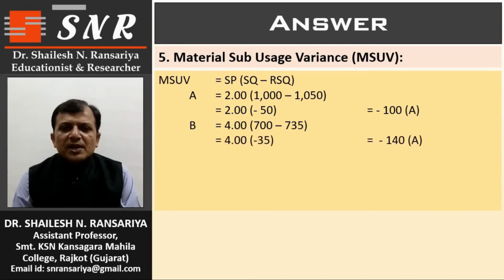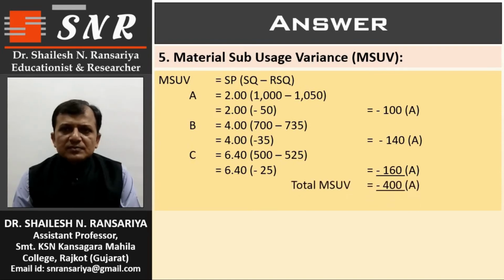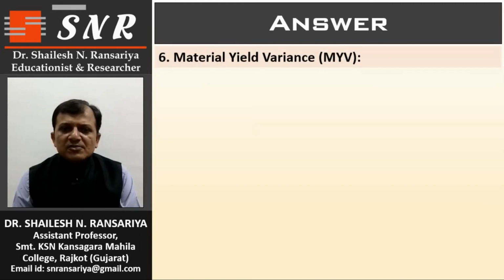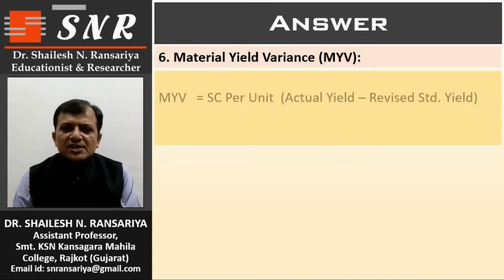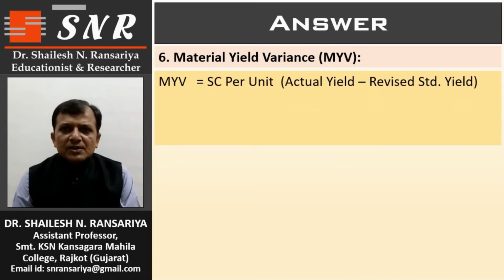So 4 multiply minus 35, 140 adverse. For material C, 6.4 into bracket 500 minus 525. So 6.4 multiply minus 25, it is minus 160 adverse. Total MSUV 400 adverse.